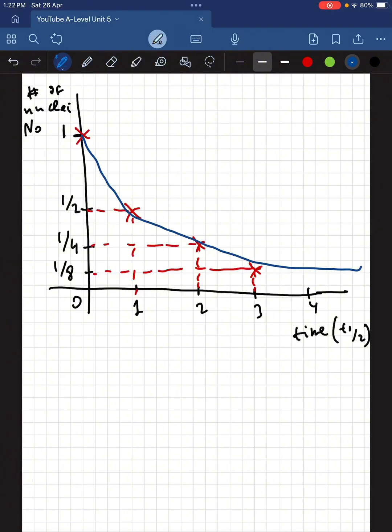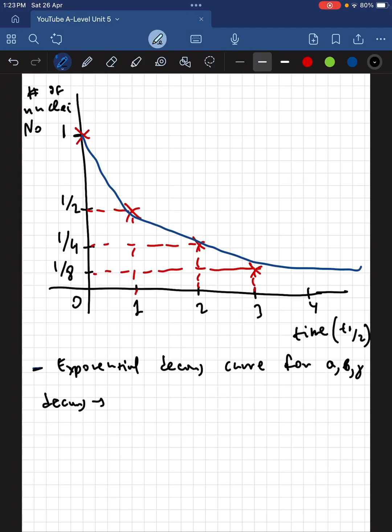So for decays, we get the exponential decay curve. Exponential decay curve for alpha, beta, and gamma decay represents the random nature of radioactive decay.